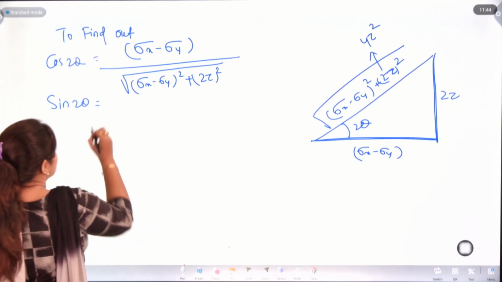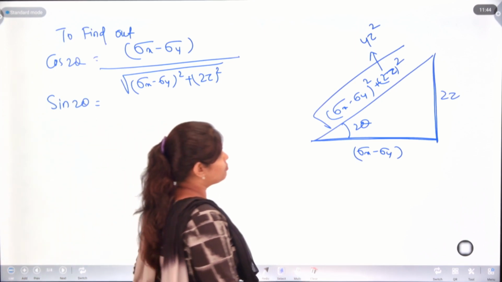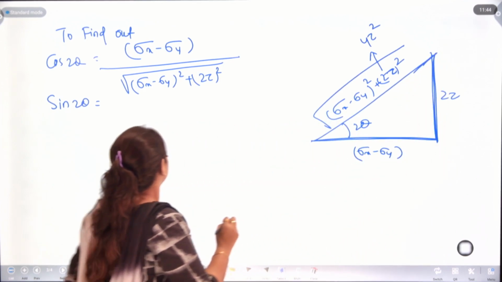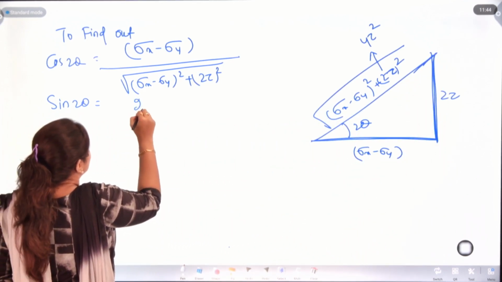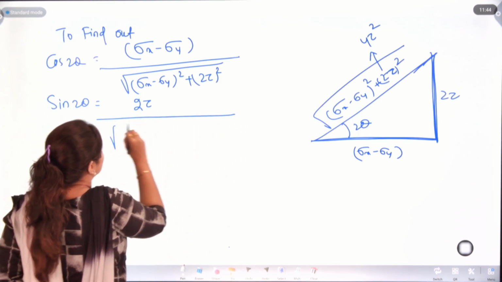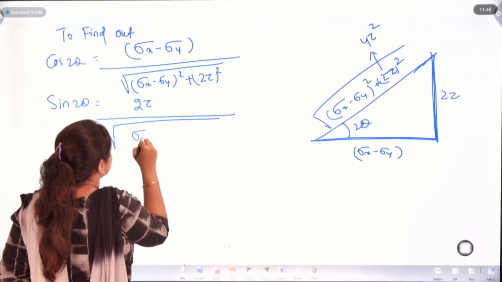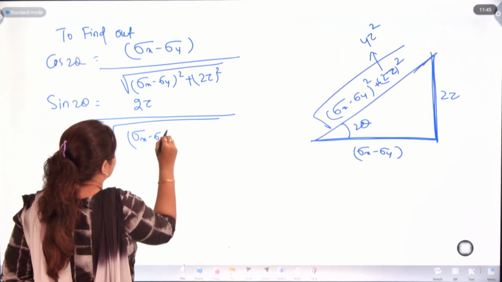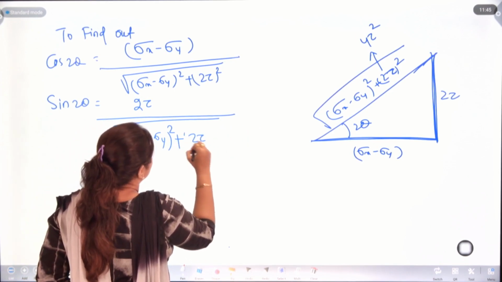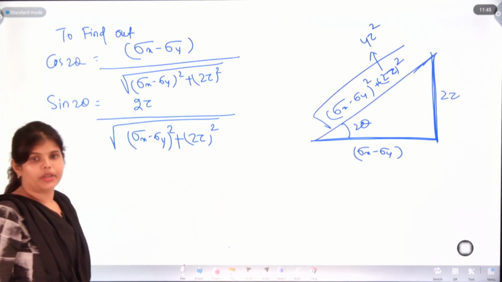For sin 2 theta, we have the base, so it will be 2 tau upon root over of sigma x minus sigma y whole square plus 2 tau square.